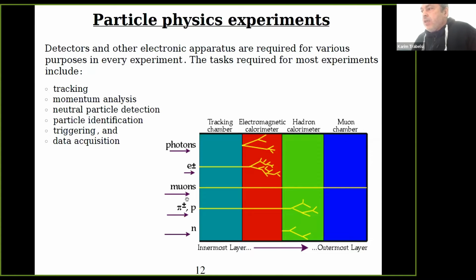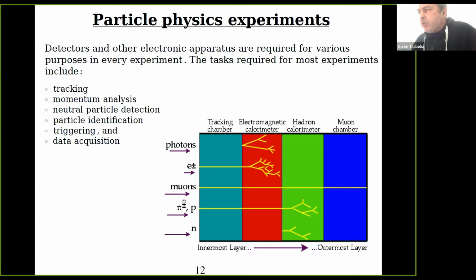The muons are barely stopped, except by the muon chamber. So the fact that you have a hit of a track in the muon chamber, which is usually very far outside, because all the other particles will be stopped, so you better put it as far as possible. So this will decide the location of the muon chamber.